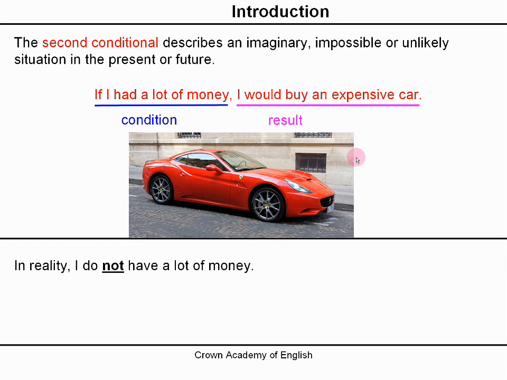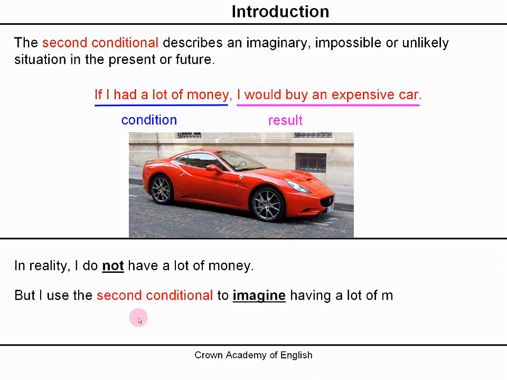So the meaning here is, in reality, I do not have a lot of money. Unfortunately, I'm not rich. But I am using the second conditional to imagine having a lot of money. Okay?